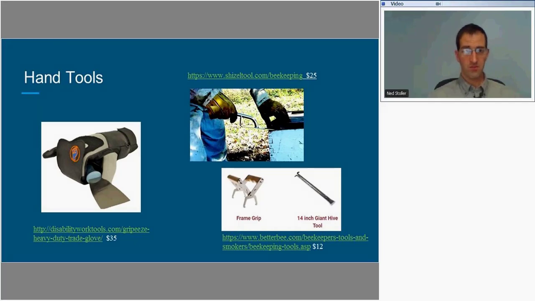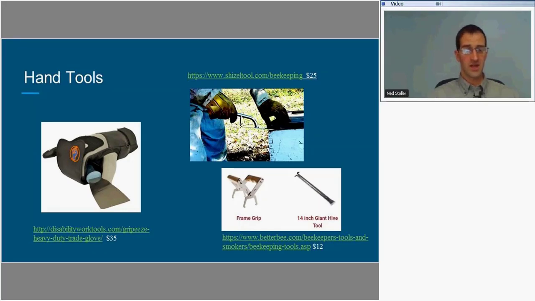The frame grip shown at the bottom is a gripping tool to grab a hold of the frames and lift them out, but you have to be sure to break the propolis seal first so that you don't pull the frames apart by using that frame grip tool. But betterbee.com is a good option for many beekeeping tools, particularly these ergonomic tools.